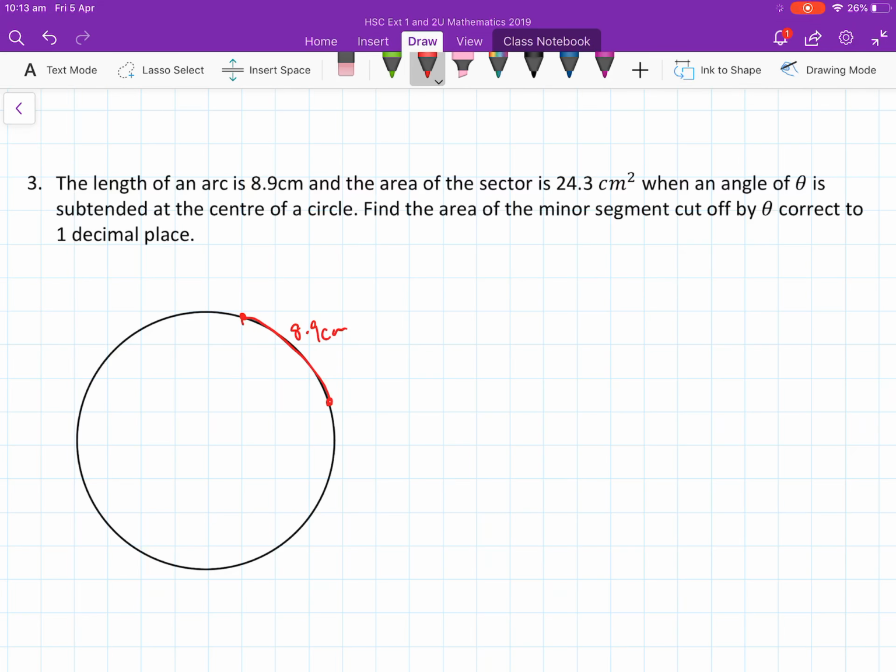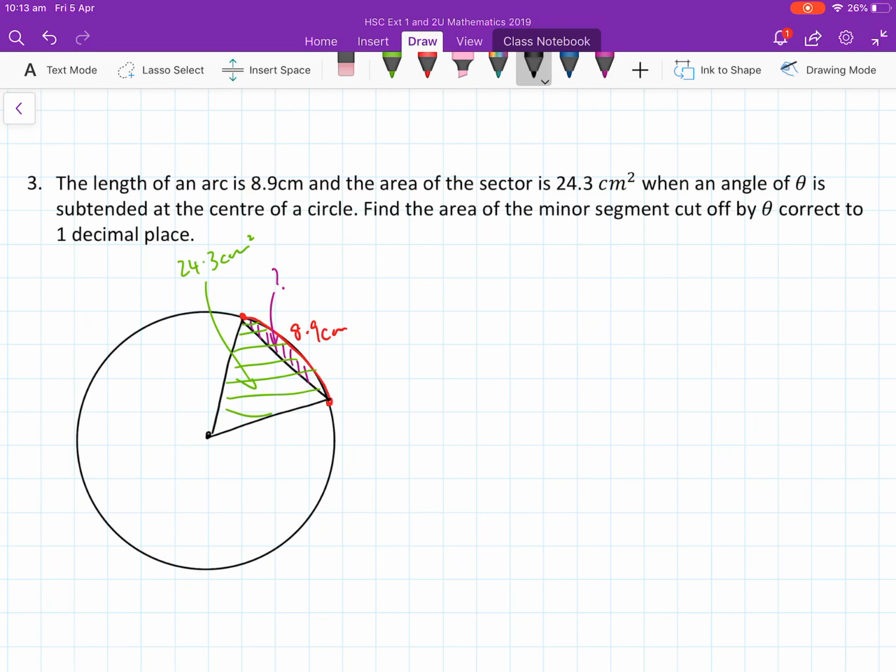So we've got to be clear on what the definitions of each thing are. I think we believe that we're going to want to find this area. So that's what we're looking for. I'll put that as a question mark. Now I'm going to do in green, the sector sort of overlaps is 24.3 square centimeters.